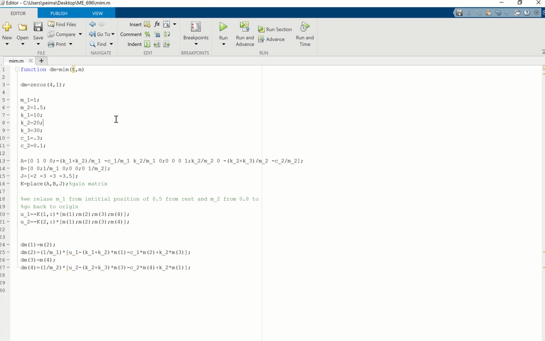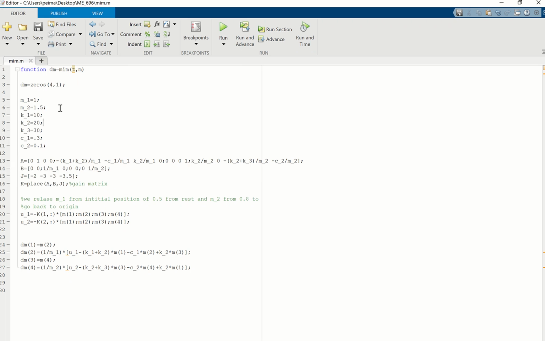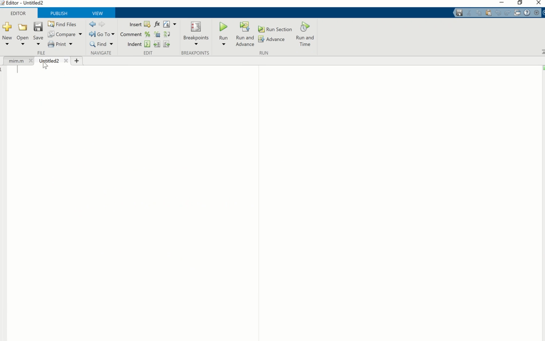So I saved it as MIMO. That's right, MIMO. Now I have to generate the solver. So I'm gonna say T and the output capital Y is ode45 at MIMO. I say run from 0 to 10 with 0.1 step time.